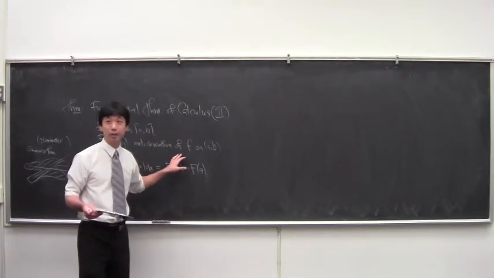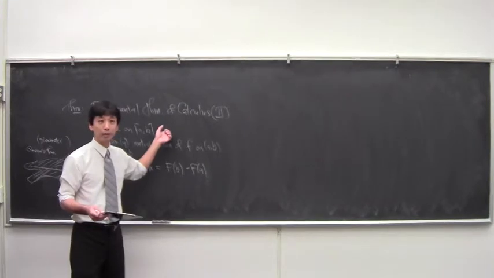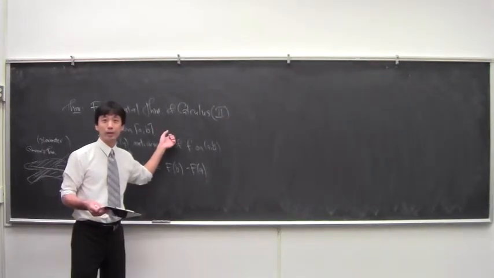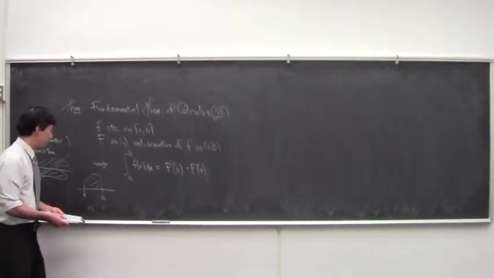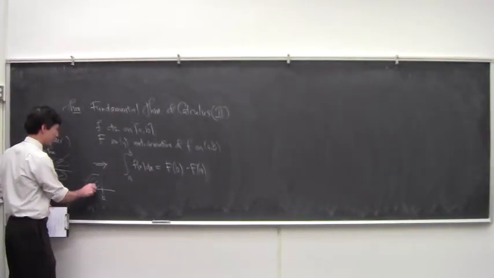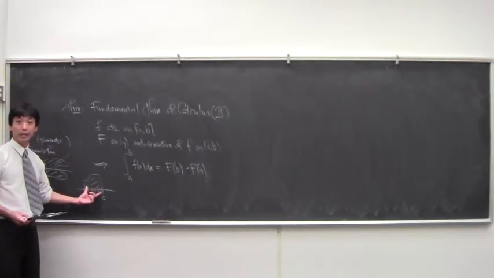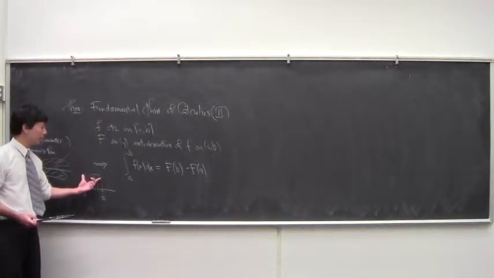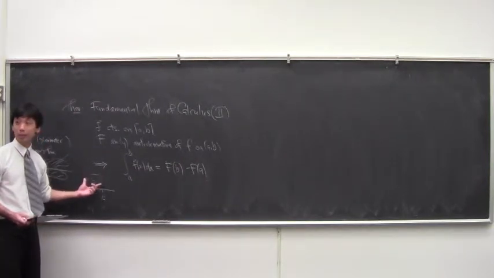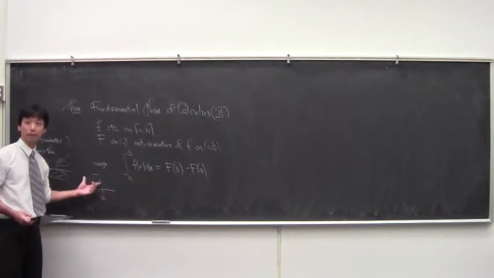Like we said before, this relieves us of the need of running through the process of Riemann integrals. Otherwise, to evaluate an integral, how do you do it? You have to take your Riemann sums at every scale: your first one, your second, your third, your fourth, and so on, find out what the Riemann sums are based on those partitions, and then let the partition go to infinity, and then you can figure it out.